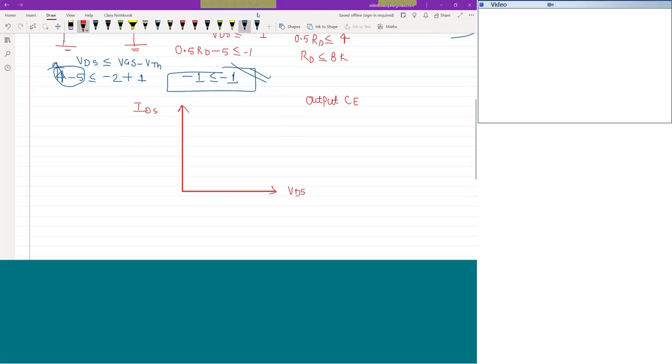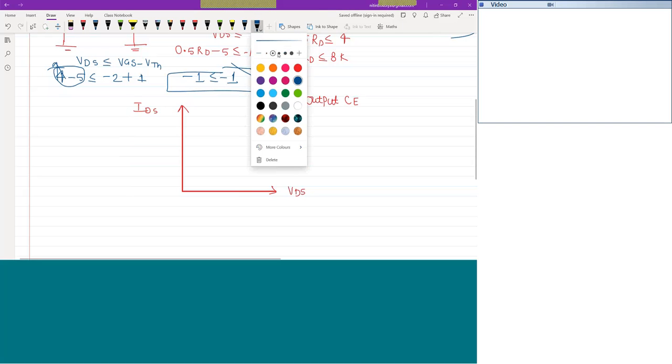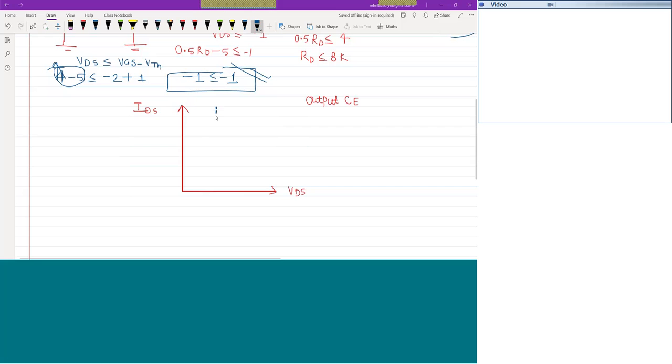That initially there is a point, and this point is known as VDS saturation, which is equivalent to VGS minus VTH.